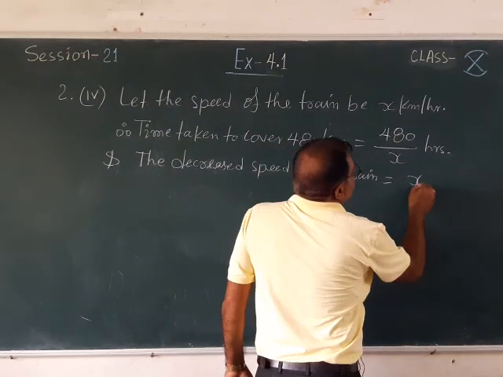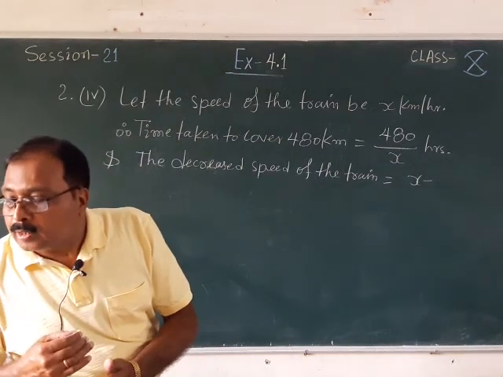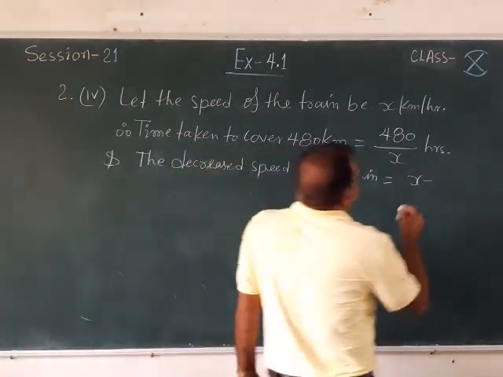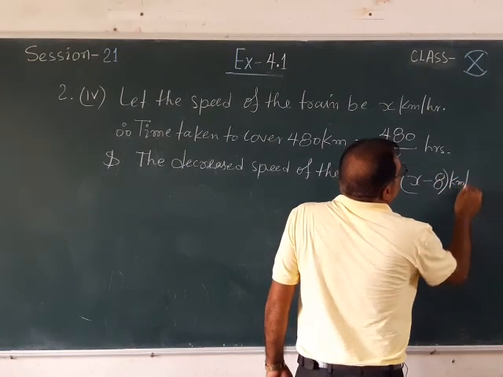Here it was x kilometer per hour and the speed is lowered by 8 kilometer per hour. That means now the speed becomes x minus 8 kilometer per hour.